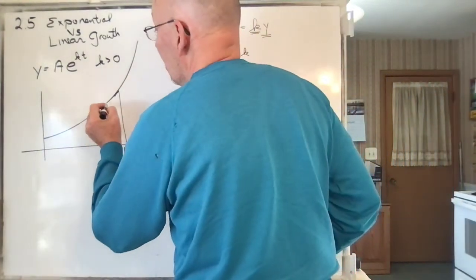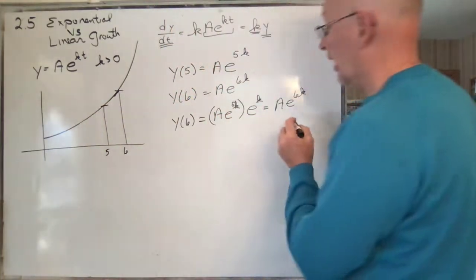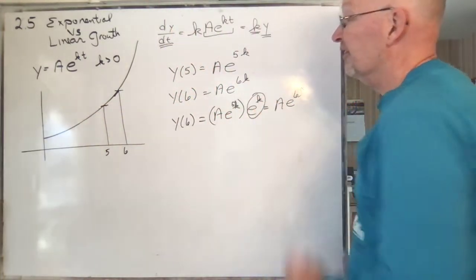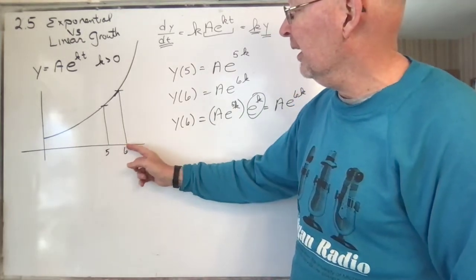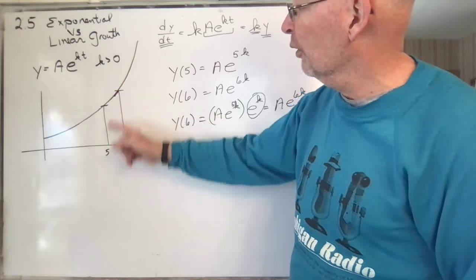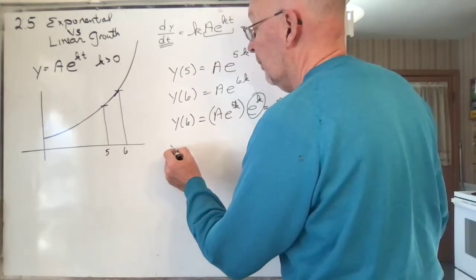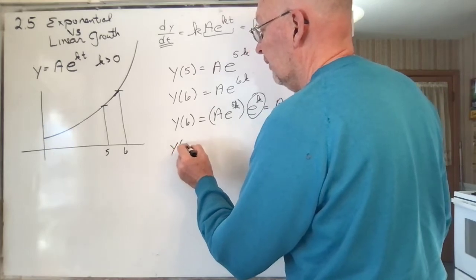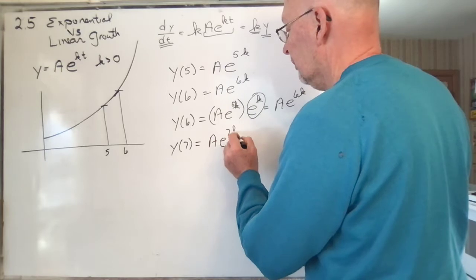Okay? So in other words, when you go from one point to another here, what do you do to the function? You multiply whatever this value is by the same value over and over and over again. If I go from y of 7, it's going to be a e to the 7k.